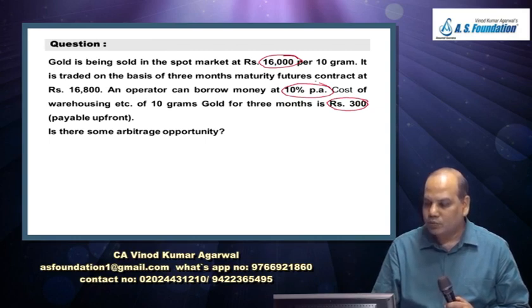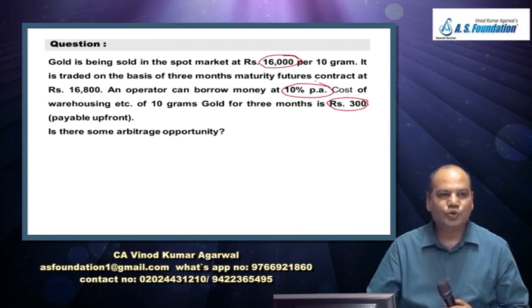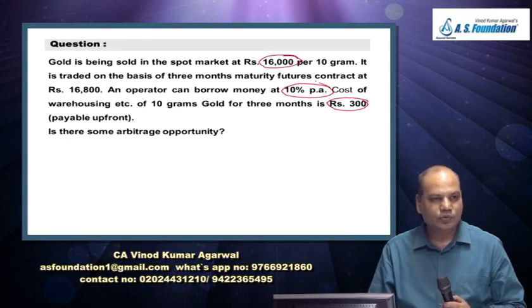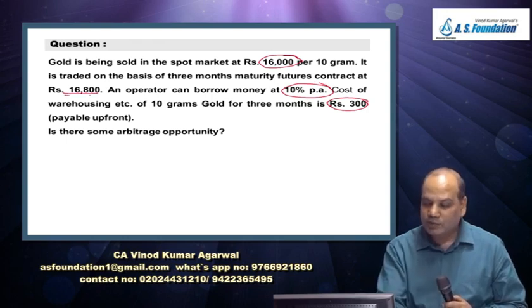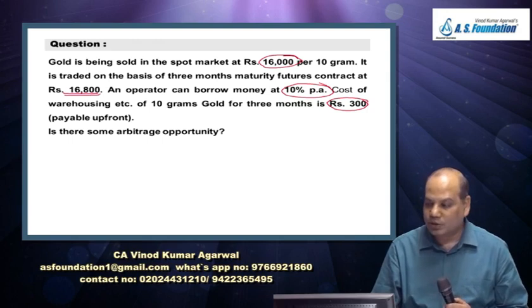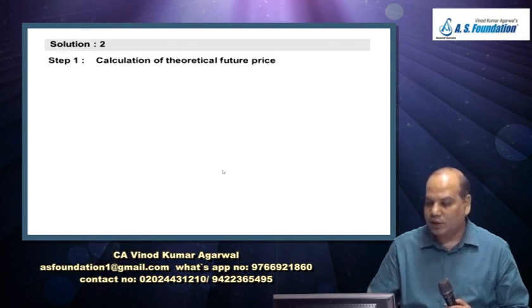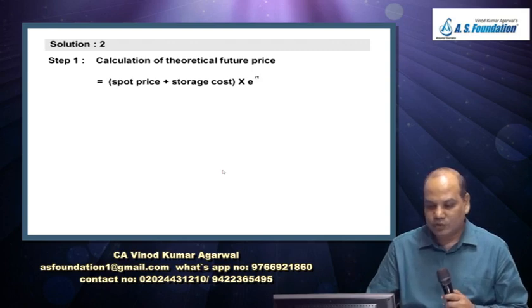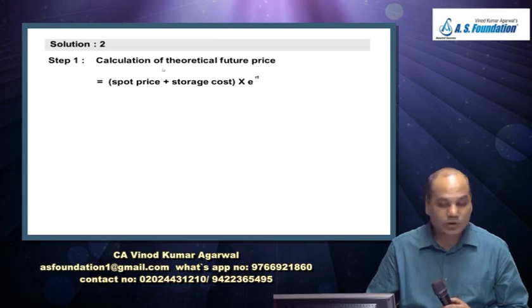Find out what would be the theoretical future price of gold future. Compare it with the actual price. If there is a difference, an arbitrage opportunity will arise, and then we have to write whether we need to buy future or sell future. Dear student, write down. First, write down calculation of theoretical future price.